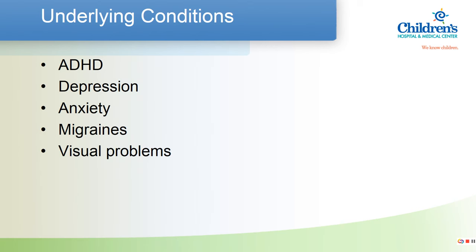So what we want to do is heal the concussion, get them back into their normal activities, and then go get help for all of these other concerns. That's something to be aware of, especially with visual problems. Some kids might need glasses, and that's not because of the concussion, but they just had those struggles prior to the injury.